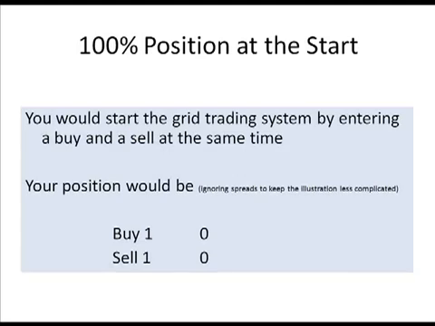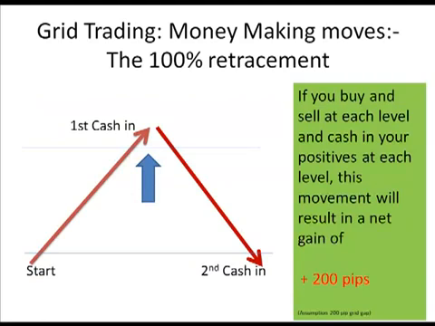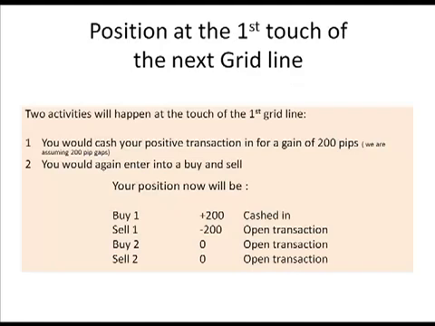We'll just quickly go through that very carefully. In the beginning, you buy and sell, and that's a zero situation. The price then moves to your first level, and at that level you enter a new buy and a sell, so they are neutral. You cash in the first buy, and your sell will have then gone 200 pips negative. So you've got one open transaction of minus 200. You've cashed in one of the transactions and you then have 2 open transactions that have no result at that time.